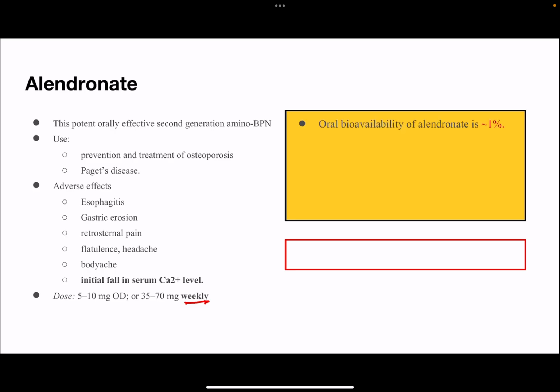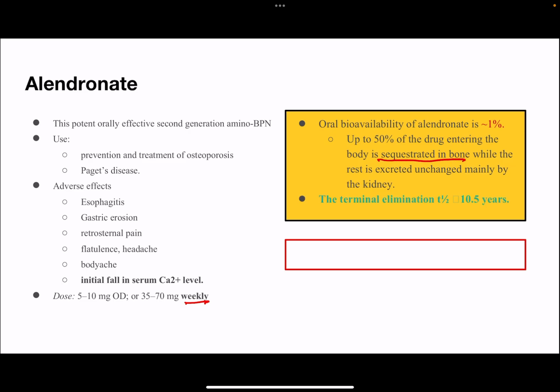The oral bioavailability of such drugs is very low, approximately 1%, and up to 50% of the absorbed drug gets sequestered into the bone, and the rest is excreted unchanged in the kidney. Because it gets sequestered in the bone, the terminal half-life of alendronate is around 10 years.